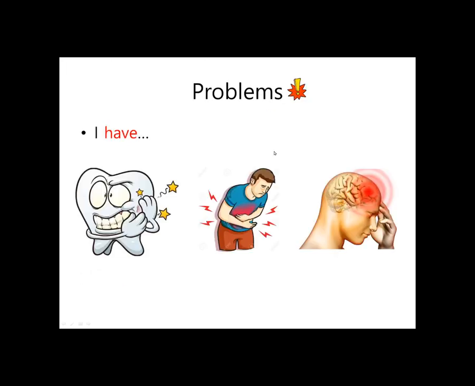Okay, so let's finish up with practicing language from your textbook. These are in your textbook. These are problems. What's wrong? Okay, so these are all types of pain. So, I have a toothache.